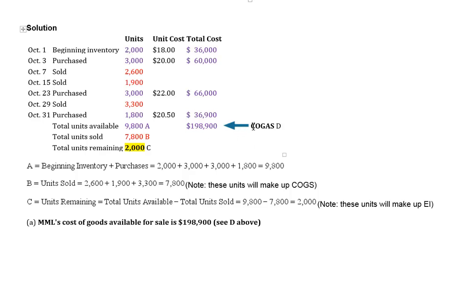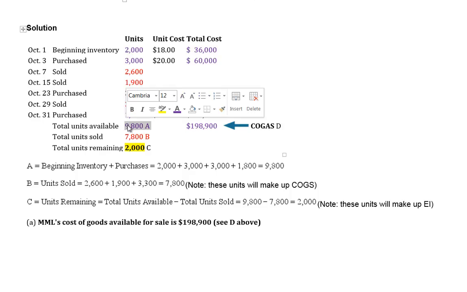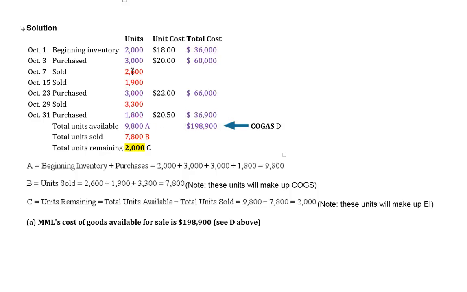But now I've already calculated the cost of goods available for sale, 198.9. So now here's the other thing. If we know of the total number of units that we had to sell, 7,800, meaning all the ones that you sold during the month are sold, 2,000 are left for ending inventory. That means that this 198.9, which is the total cost of these 9,800 units, should be split up.